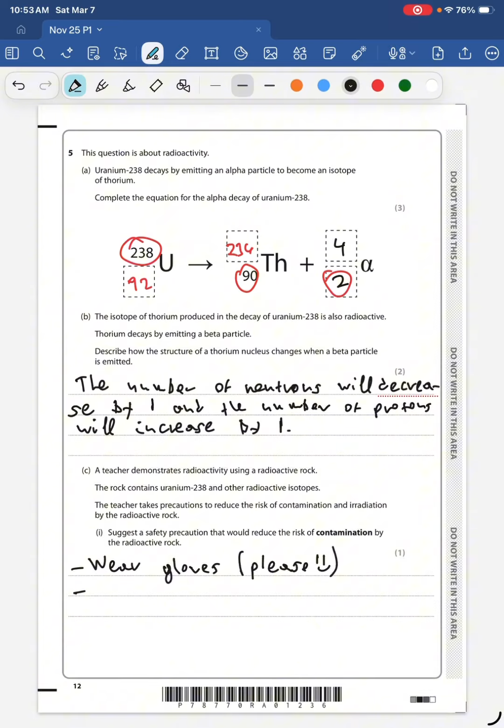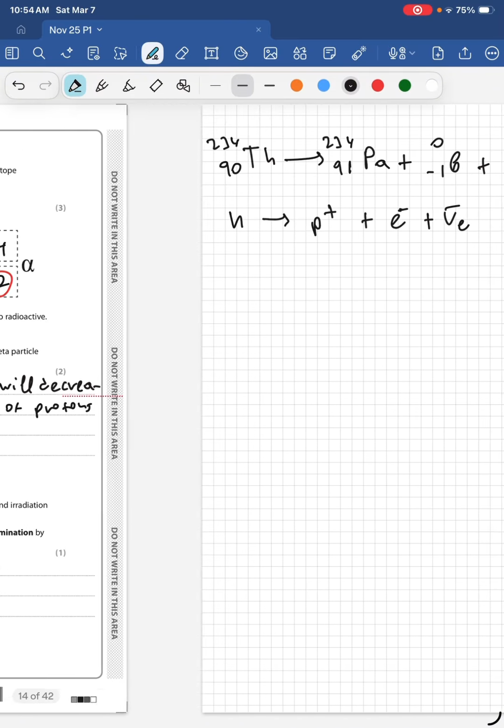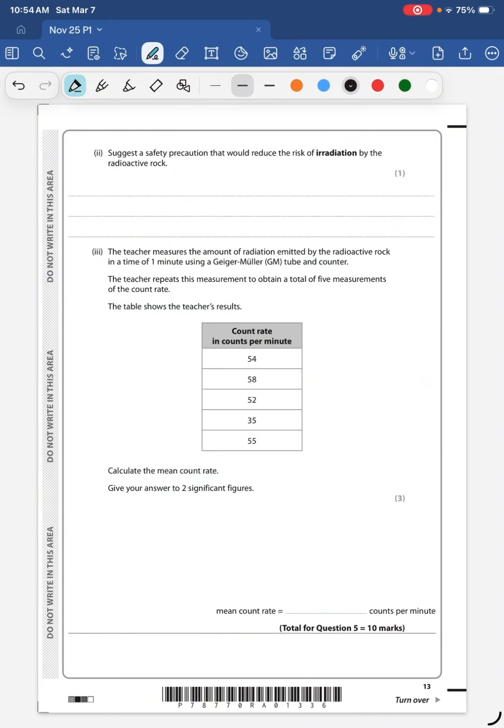Also, don't drop the rock. Why? It might break, the fragments might go everywhere. There might be dust that goes into your respiratory system. Not a good idea. So let's move on. Part 2.